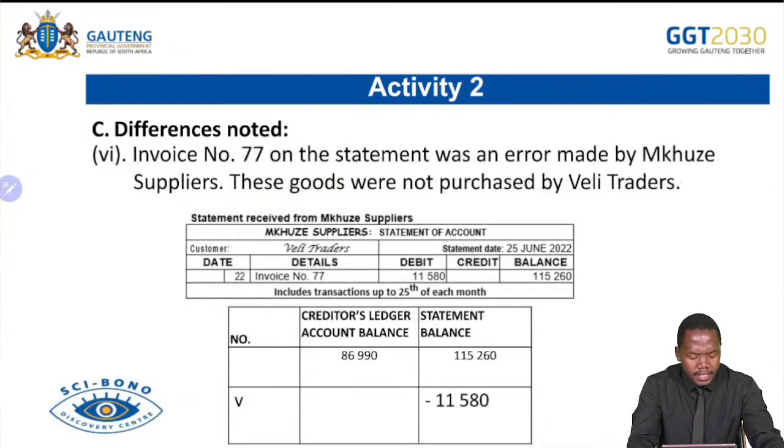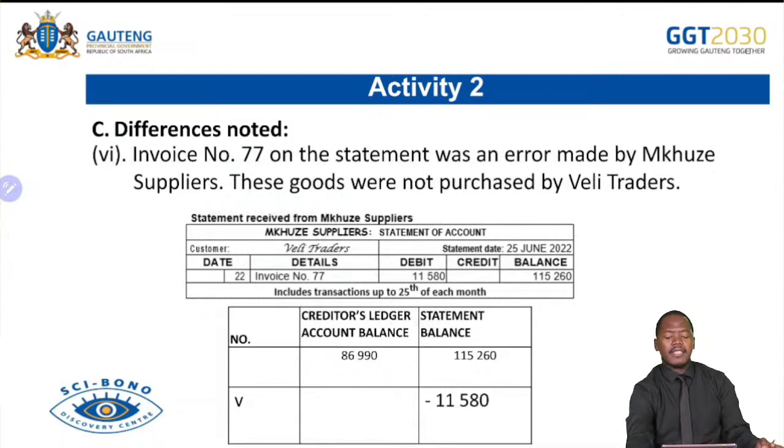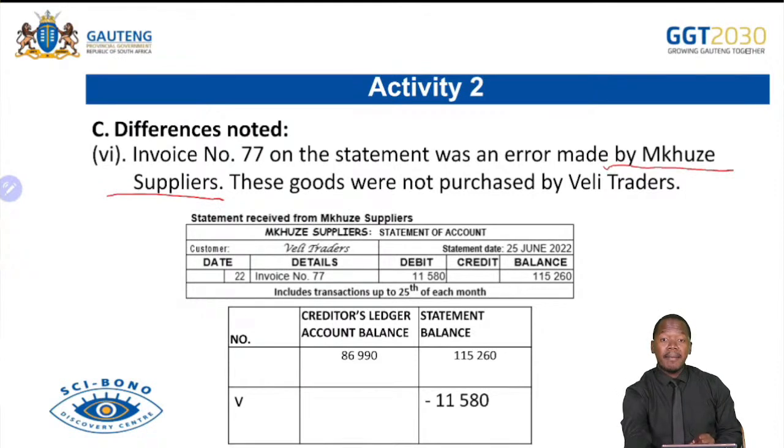Now, difference is noted. Invoice number 77 on the statement was an error made by Mkhize suppliers. These goods were not purchased by Valley traders. Now we're having an amount of 11,580. It was made by Mkhize Suppliers. Now, the supplier made an error here.